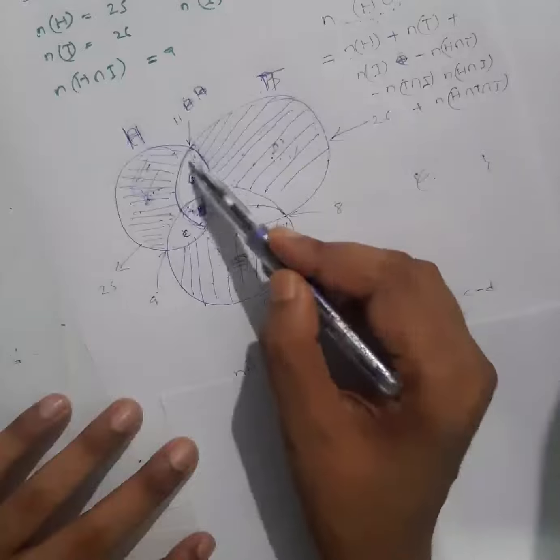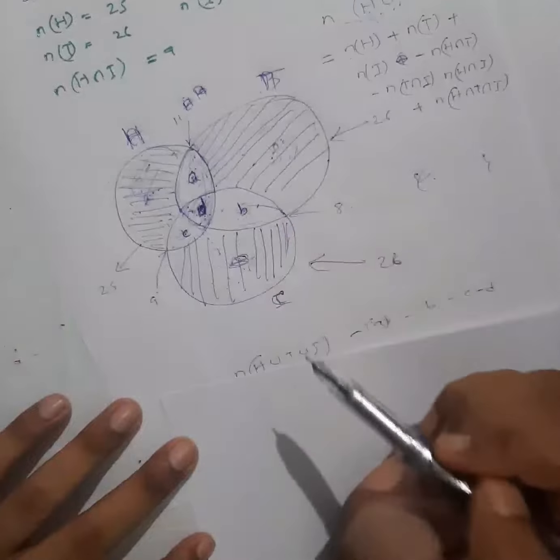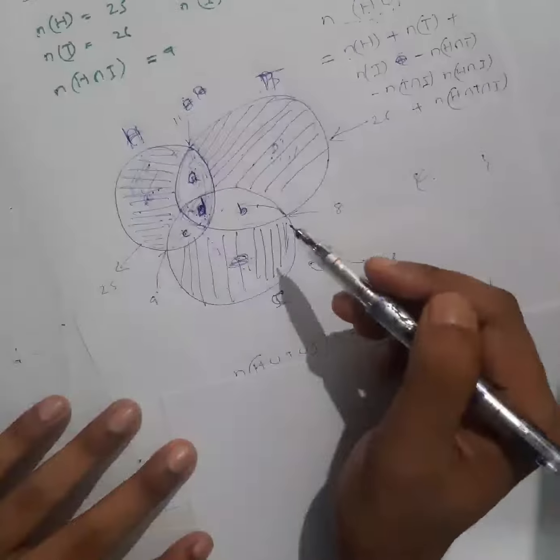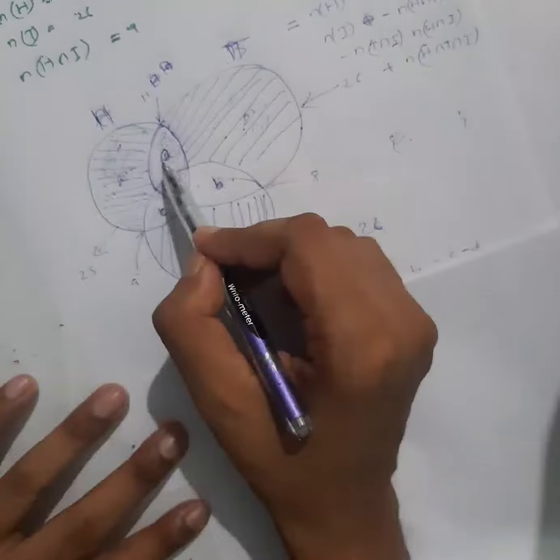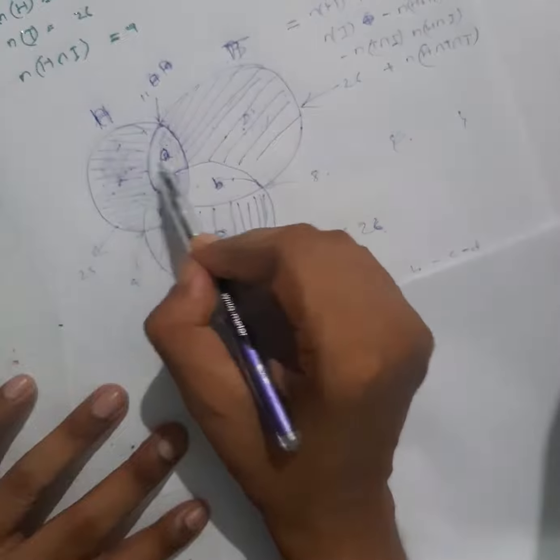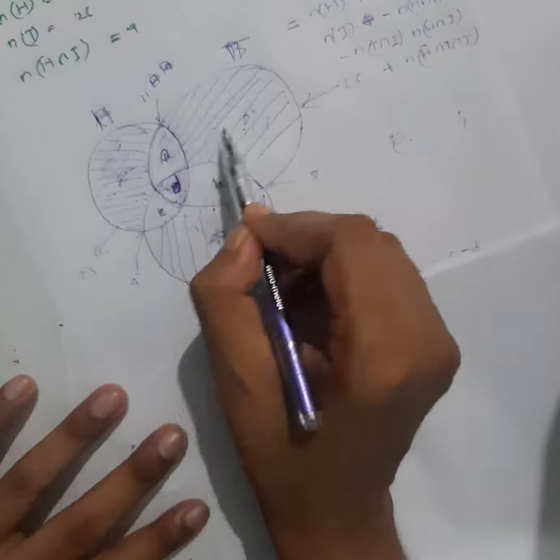Now for that, what we will do, we will find outside. We will find out this portion how many, this portion how many, this portion how many, this portion how many. Okay, so this portion, this is H intersection T, right?